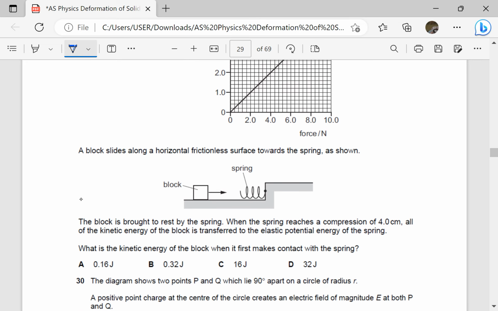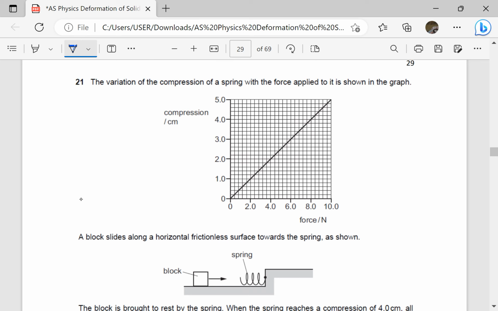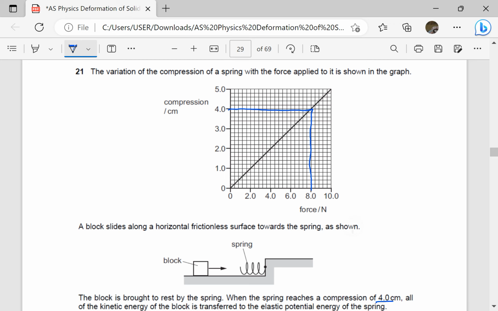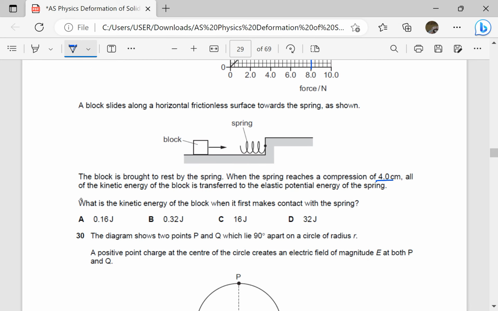The block is brought to rest by the spring when the spring reaches a compression of 4 centimeters. So we can check 4 centimeters. 4 centimeters corresponds to a load of 8 newtons. All the kinetic energy of the block is transferred to elastic potential energy. What is the kinetic energy of the block when it first makes contact with the spring?